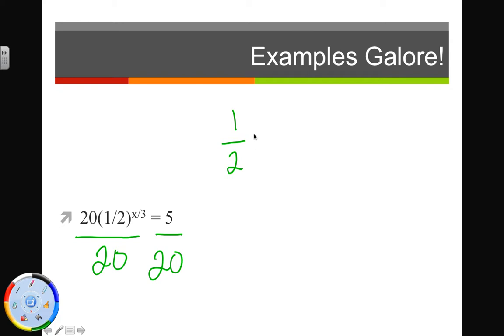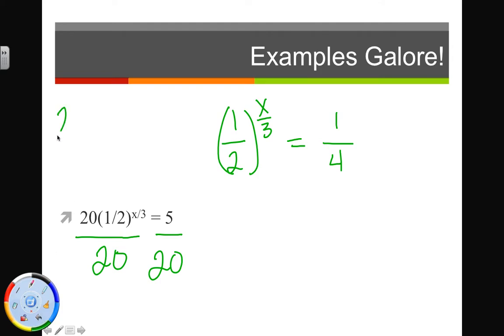So I have 1/2 to the power of x over 3 equals 5 over 20, which is the same thing as 1 over 4. Now, some of these particular problems, we can use a very, very simple expression.